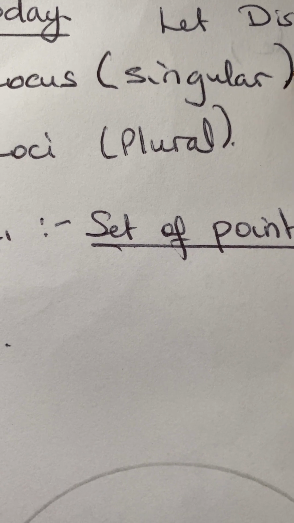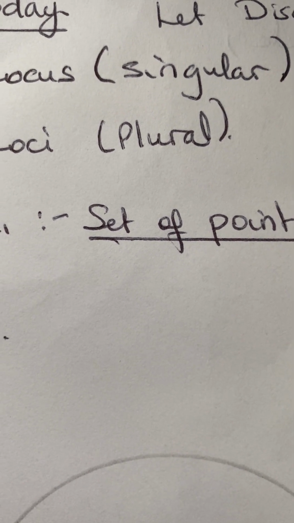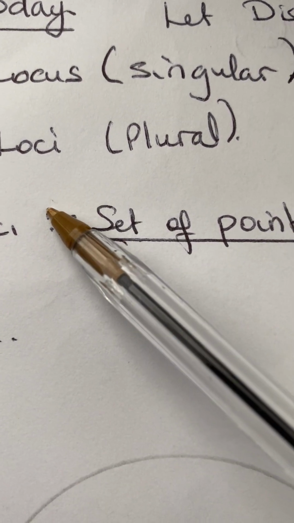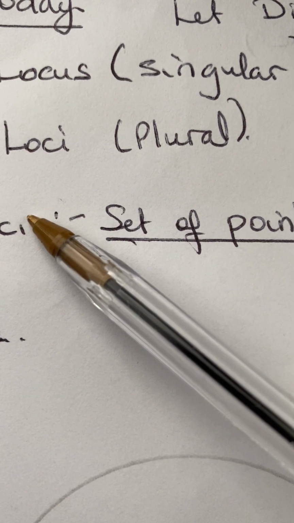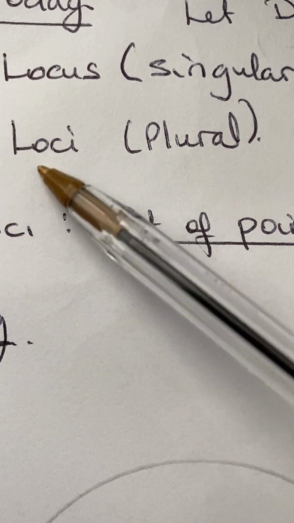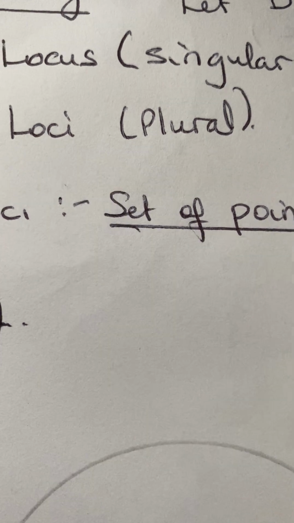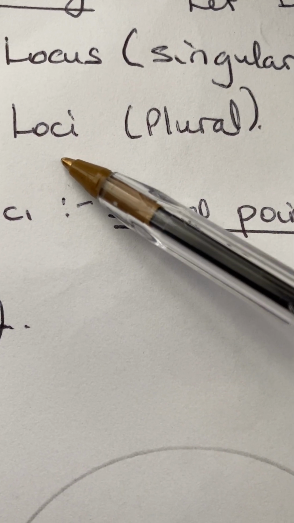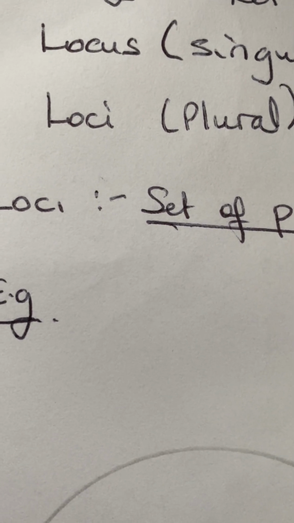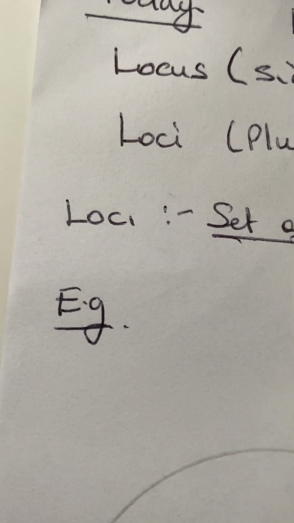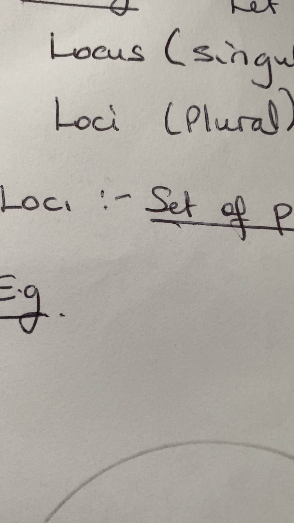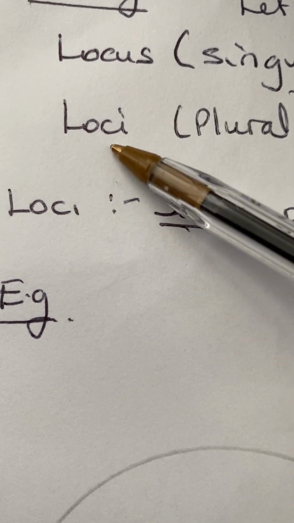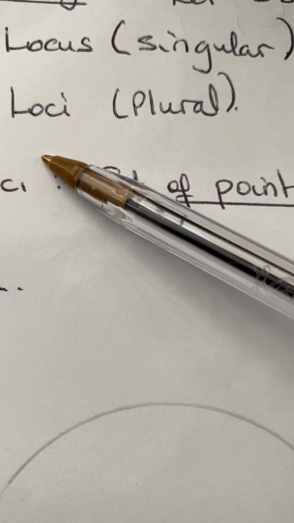So 1 point is a locus. Okay, the plural is loci. That is how I was taught to say the pronunciation. If you have any other pronunciation, well, but I know of locus and loci.